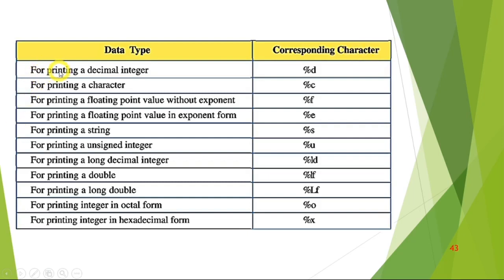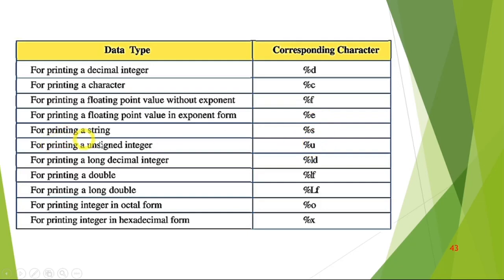So here it is: for decimal integer %d, character %c, floating point value without exponent %f, and with floating point %e, it means exponent form.